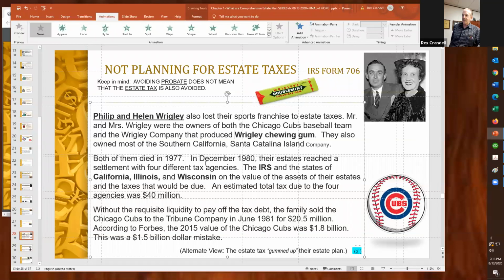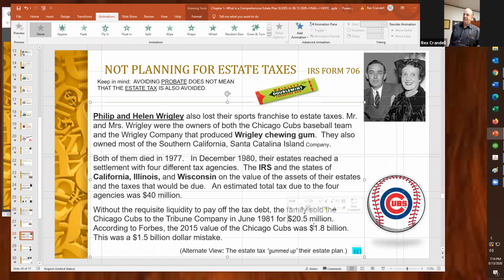Well, they used to own, and they also own, Catalina Island in Southern California. They didn't have enough cash to pay the estate tax, so they had to sell the Chicago Cubs baseball team, which they owned. And at the time in 1981, when they had to sell it, they got $20 million.